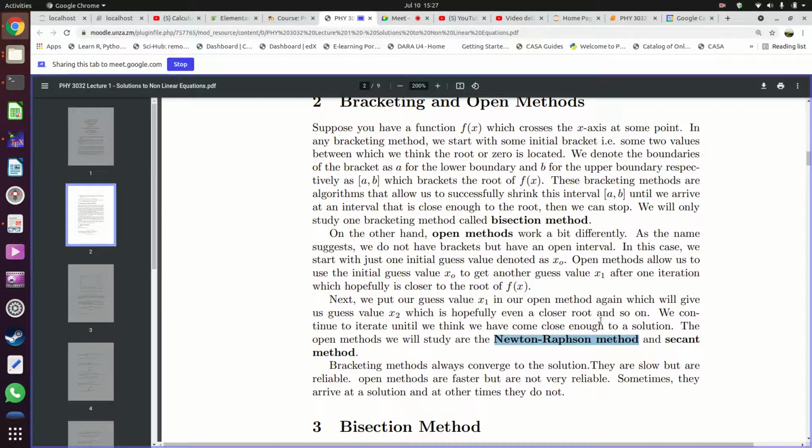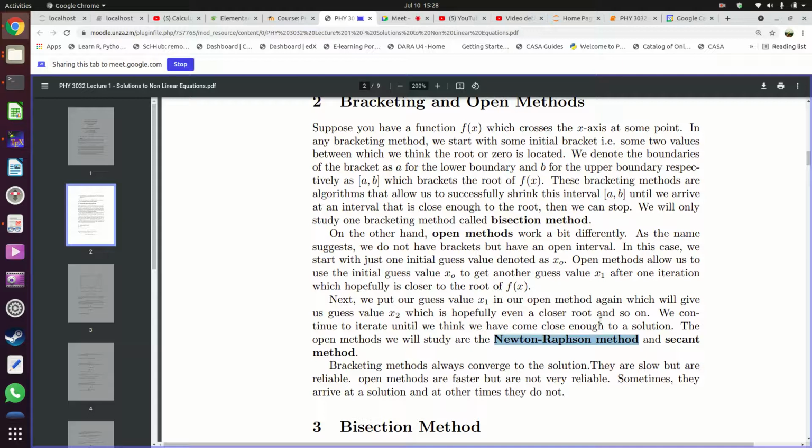these two ways of finding solutions to nonlinear equations, bracketing methods where we're using bisection, and open methods where we're using the Newton-Raphson method, have advantages and disadvantages.